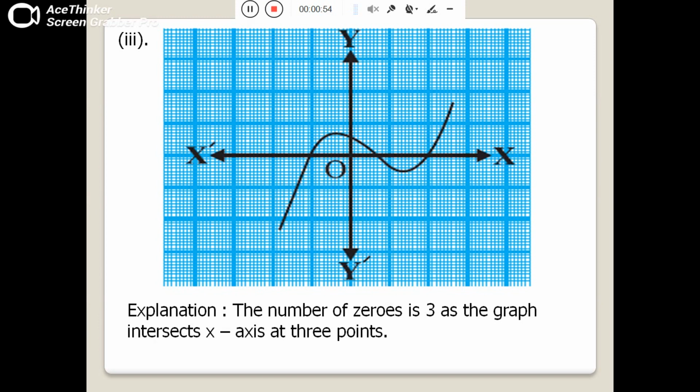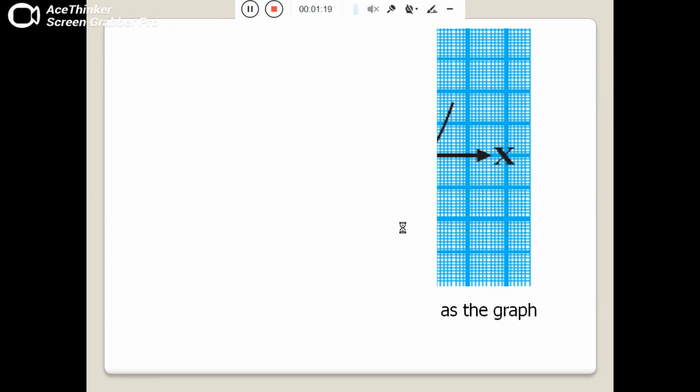Okay, so it is important to see at how many points the line intersects the x-axis. If it is intersecting at 1 point, the number of zeros is 1. If it is intersecting the x-axis at 2 points, the number of zeros is 2. And if it is intersecting the x-axis at 3 points, the number of zeros is 3.